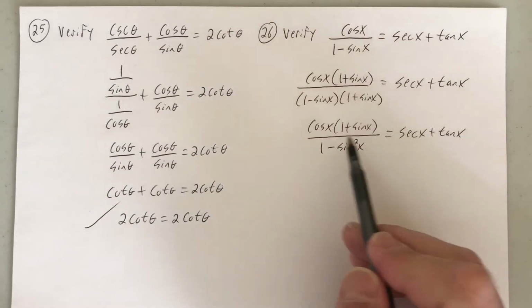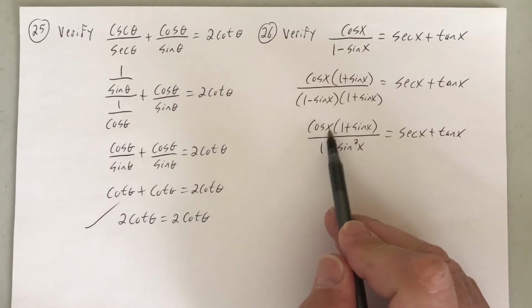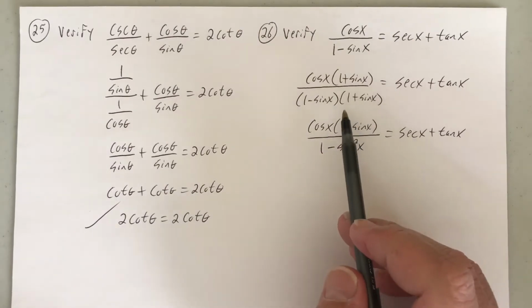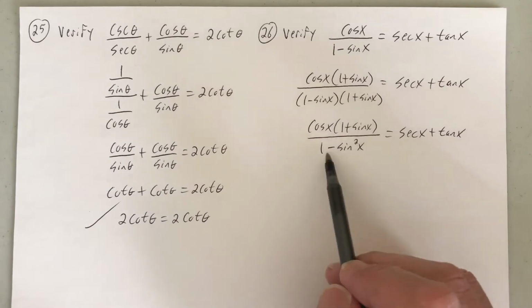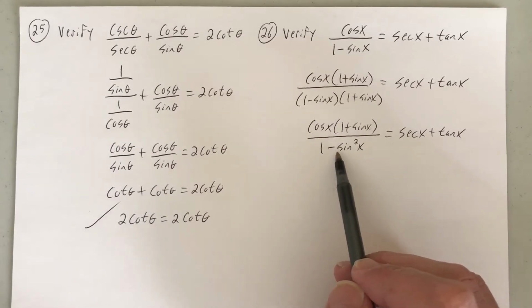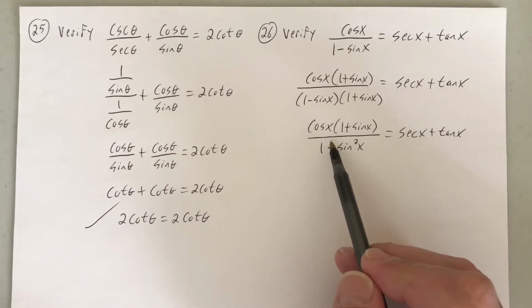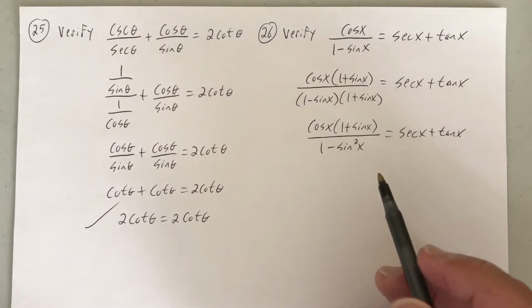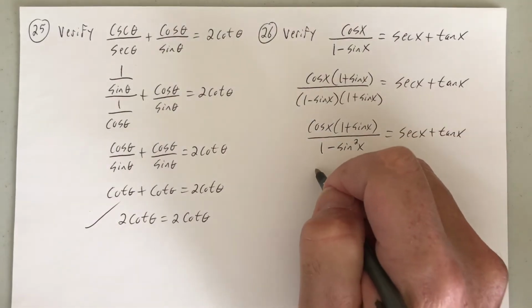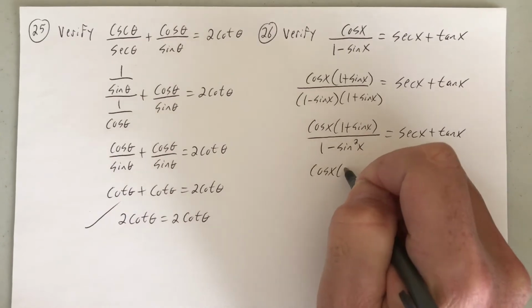And then students are saying, well, why didn't you multiply the top too as well? Why didn't you distribute the cosine? Because I kind of noticed from up here when I multiply this and get 1 minus sine squared x, I know I'm going to replace that with cosine squared x, and then I can reduce one of those. So I'm kind of thinking a couple of steps ahead of time. So I went ahead and I'm going to go ahead and do that now.